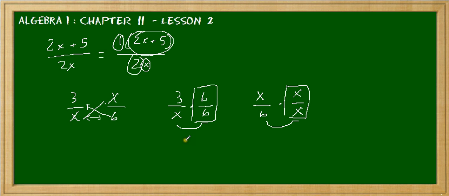So what do we end up with? Well, we end up with 18 over 6x, right? And over here we end up with x times x, which is x squared over 6x. Okay, so those are the fractions with equivalent denominators, or the same denominator, let's call it.